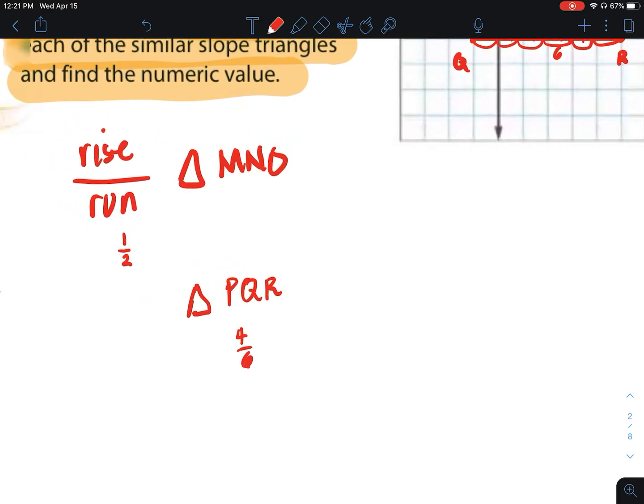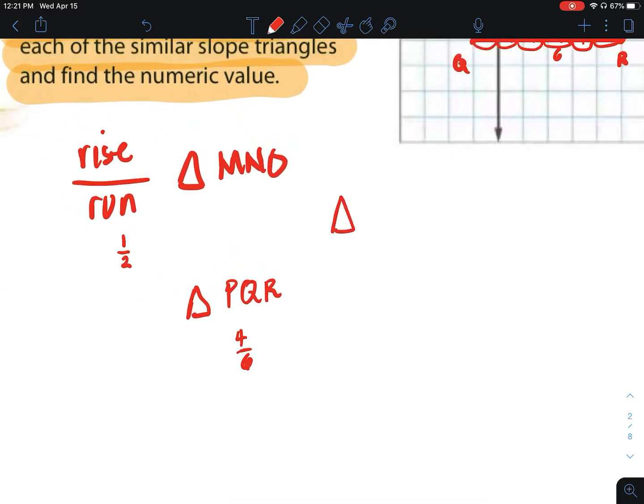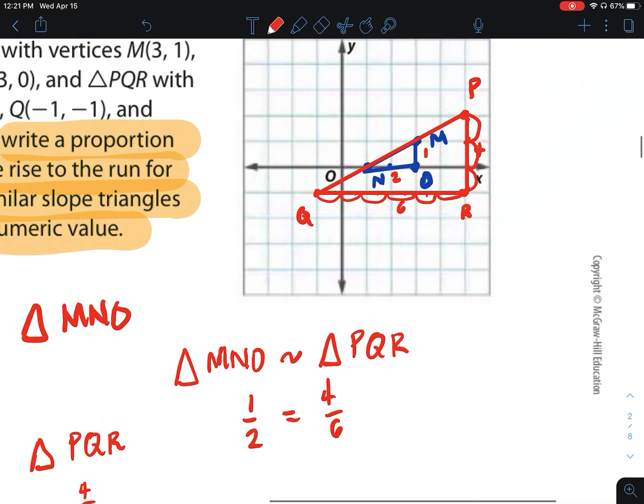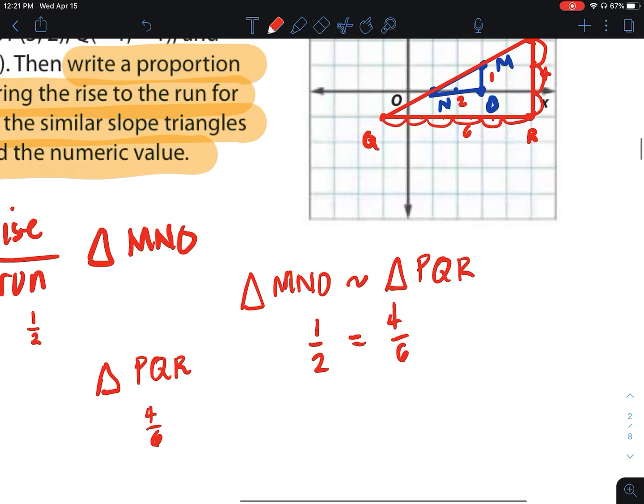Okay. So since that's the case, triangle MNO is similar to triangle PQR because they are similar triangles. So 1/2 is equal to 4/6. Sorry, that's not 4, that's only 3/6. 1, 2, 3.